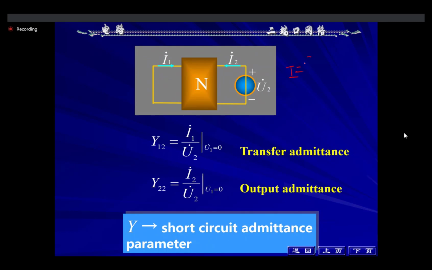I equals the matrix Y11, Y12, Y21, Y22 times U1, U2. Assume U2 is 0 at first, calculate these two elements. And then assume that U1 is 0, then calculate these two elements.